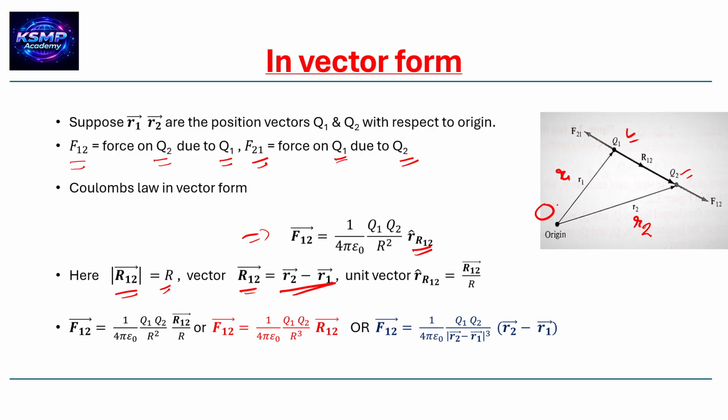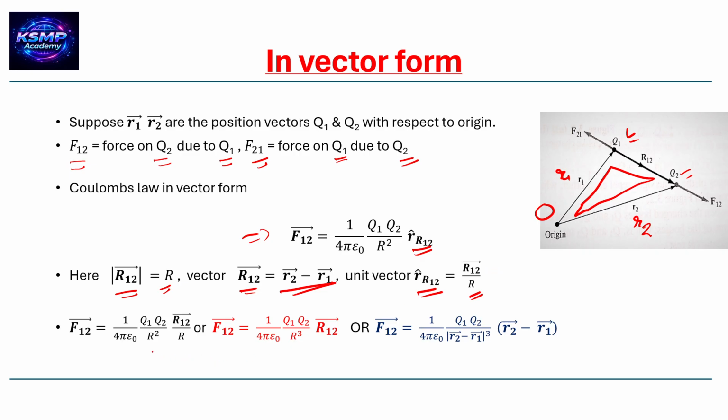You can see from the diagram, that is this one, you see this triangle. So with the vector algebra, we can write that R12 is R2 minus R1, and by definition, unit vector R is R12 upon R. That's how we write a unit vector.